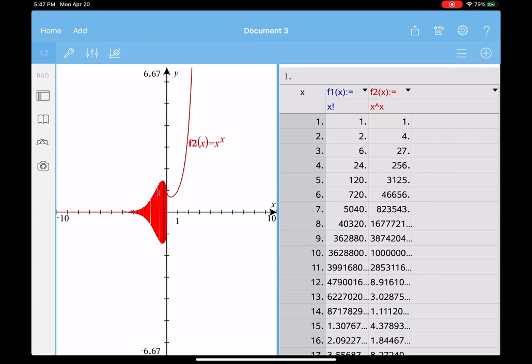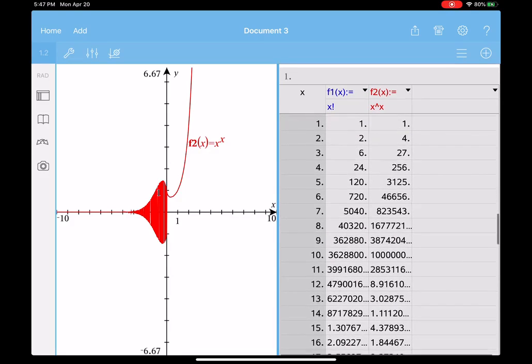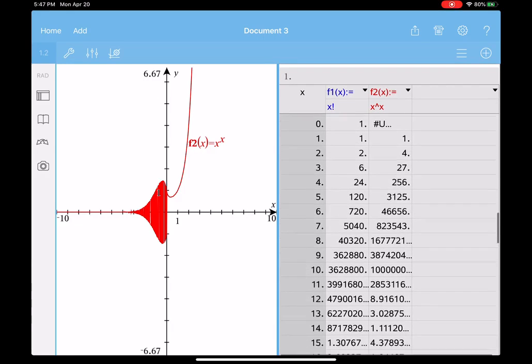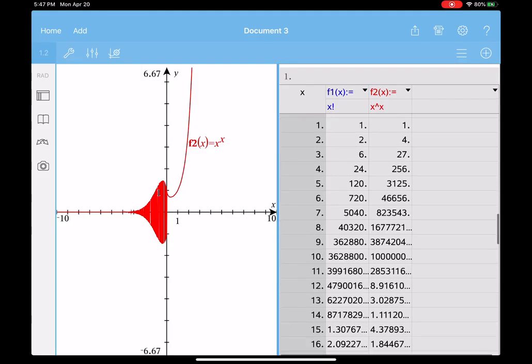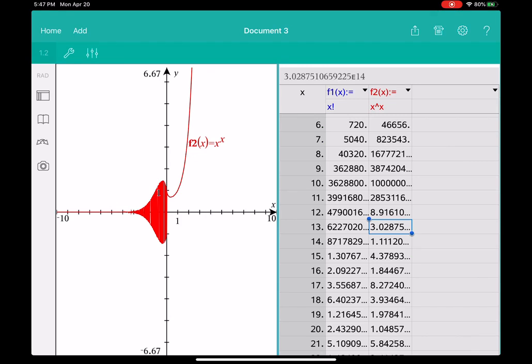Let's compare this in the table here. At first, x to the x starts winning very quickly. Not only does it start winning very quickly, it stays that way. So this is e to the 14th, and n factorial right beside it is, whoa, not even in scientific notation. Let's look at the 20th one.